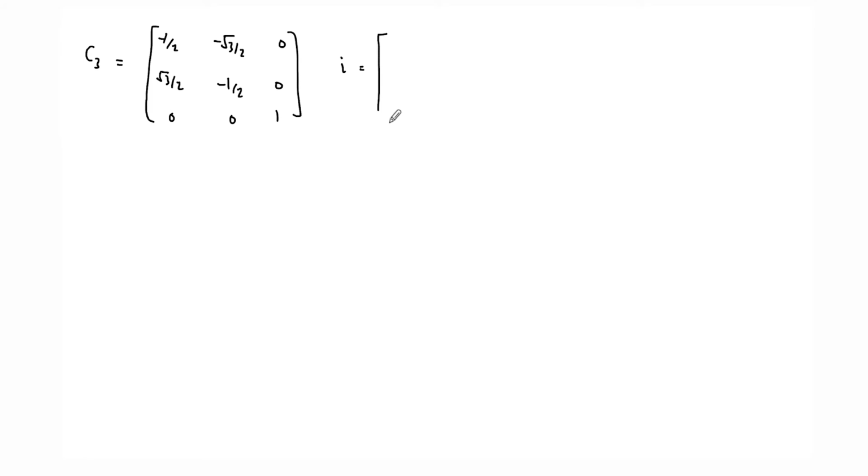So for C3 and I, for C3 we have learned that the matrix representation can be written as minus half, minus root 3 by 2, 0, root 3 by 2, minus half, 0, 0, 0, 1, right? And for I, the matrix representation can be written as minus 1, 0, 0, 0, minus 1, 0, 0, 0, minus 1.